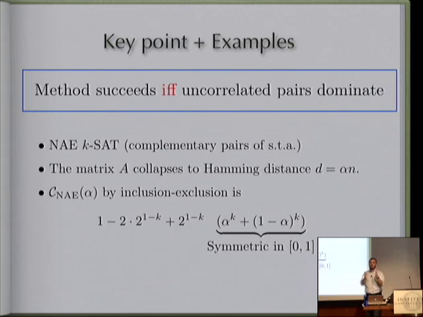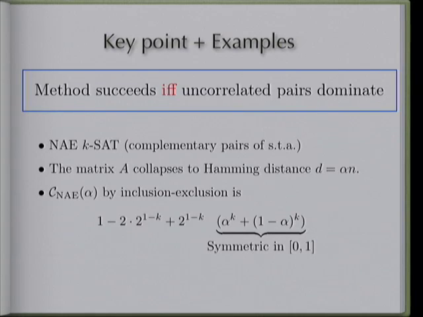But it turns out, because the problem is symmetric, all you really need is just the Hamming distance between sigma and tau. And then this joint expectation over a simple constraint is just: what's the probability that if you fix sigma and tau that have distance alpha times n, they both satisfy a single random clause?